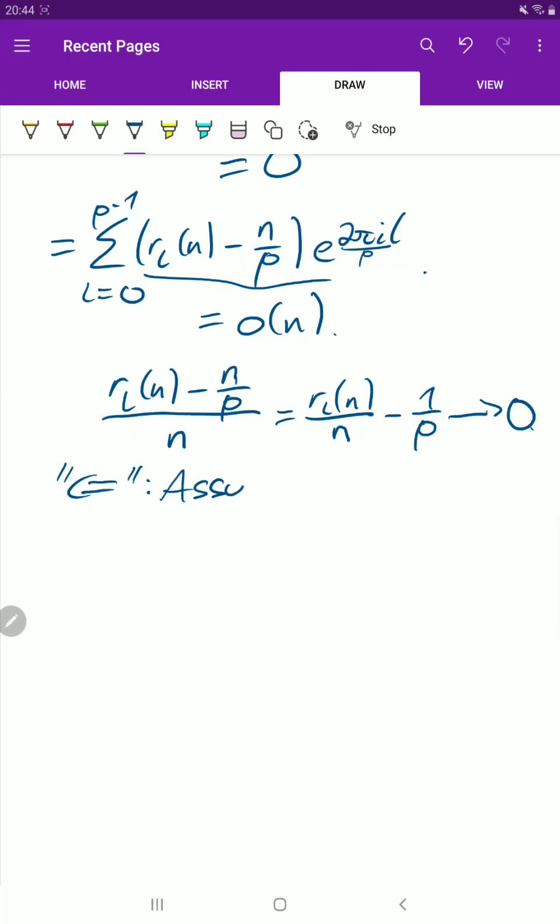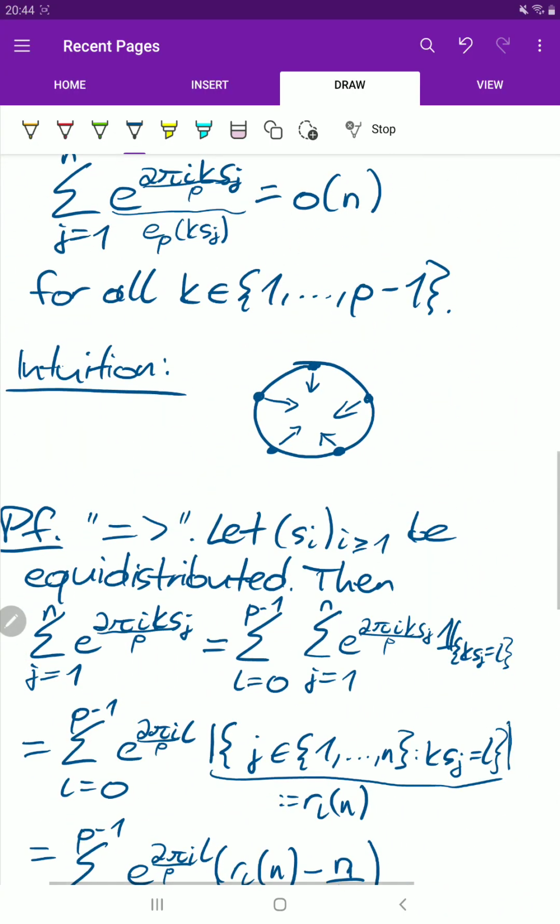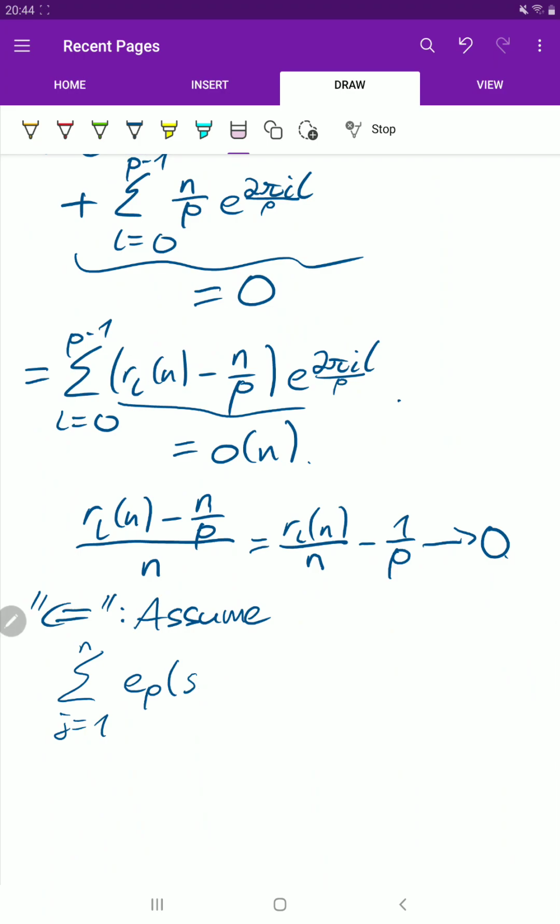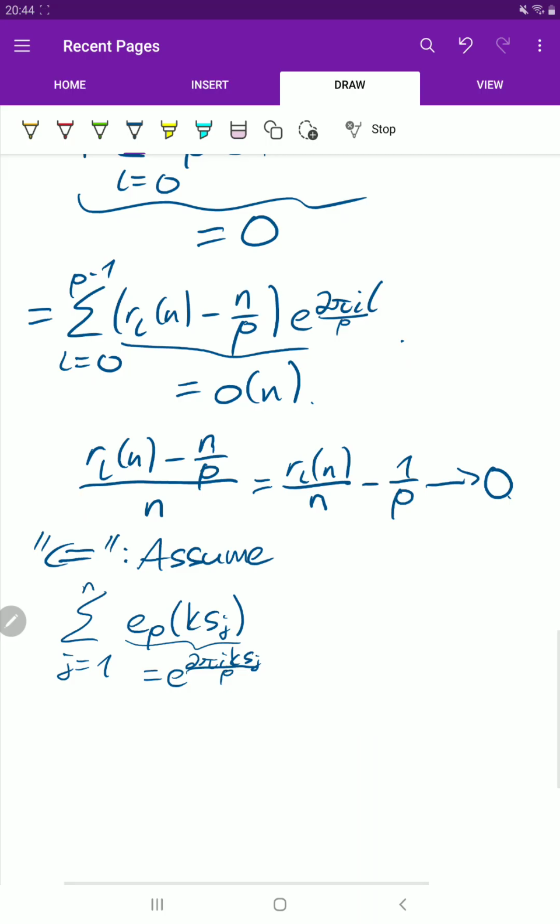So let's start. Let's assume that the sum from j equals 1 up to n of e_p of k times s_j, let me remind you just so that you don't forget, should be in small o of n for all k in 1 up to p minus 1.